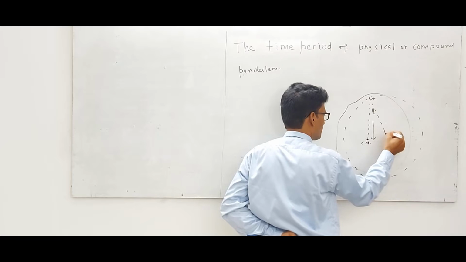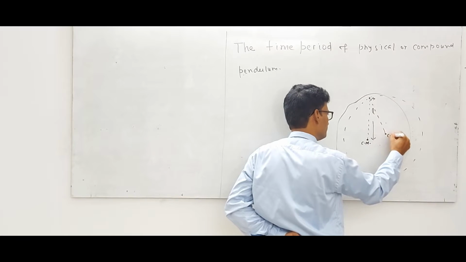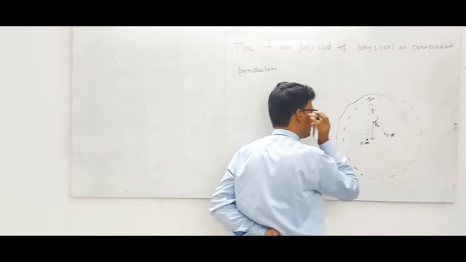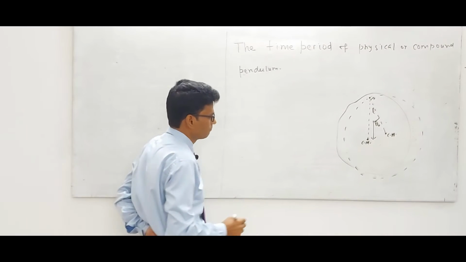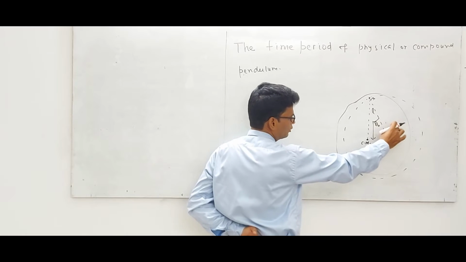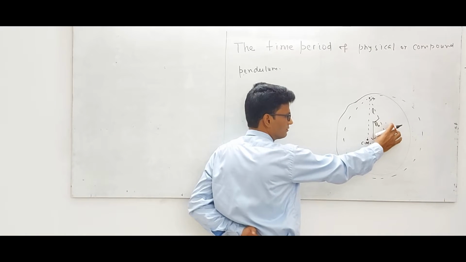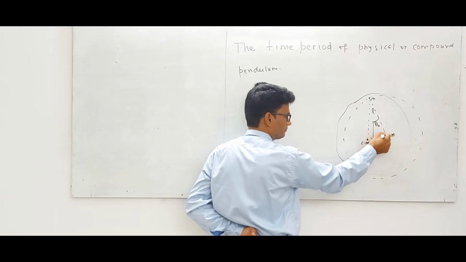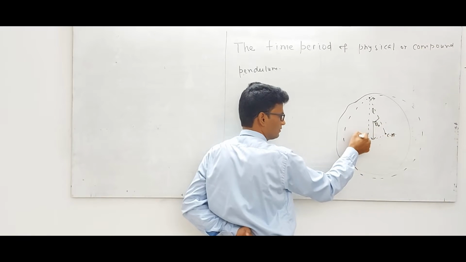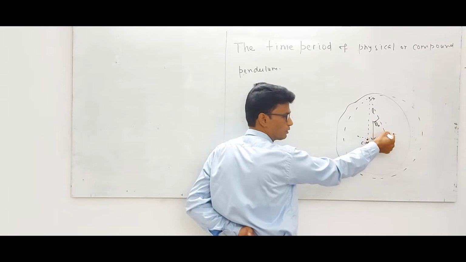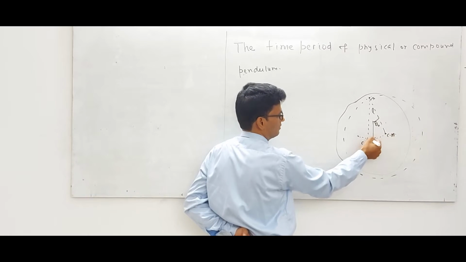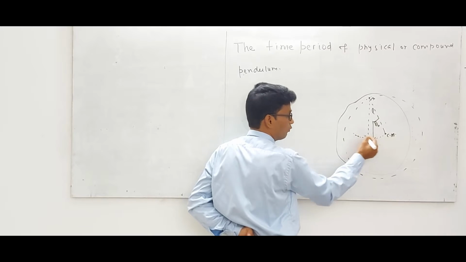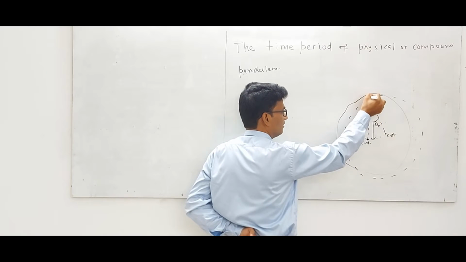Center of mass comes here, say the angle theta now looks very large, but it is very, very small. And then we let it go from this position, then it starts oscillating. So it comes leftward from this position, comes to the mean position. So mean position is here at the vertical. This is the vertical line.